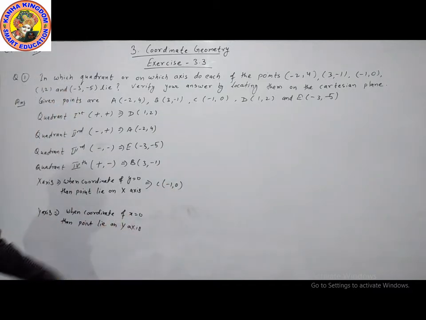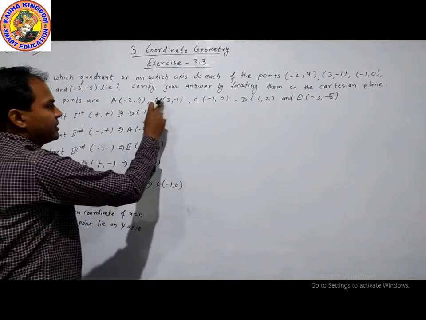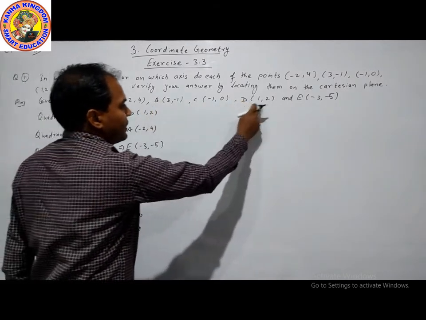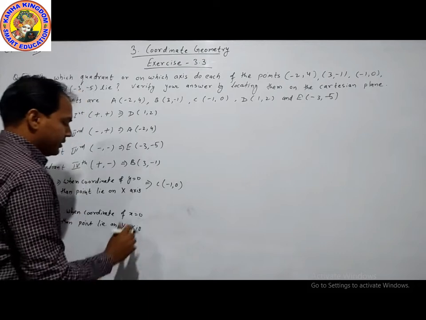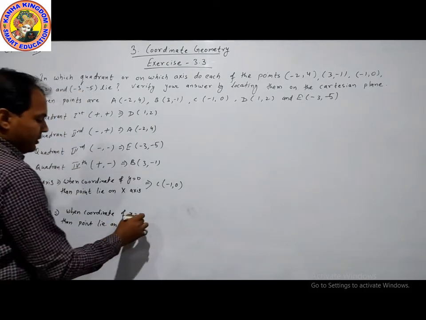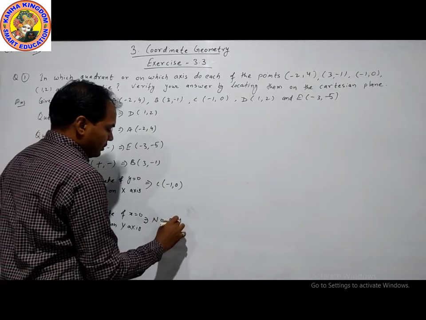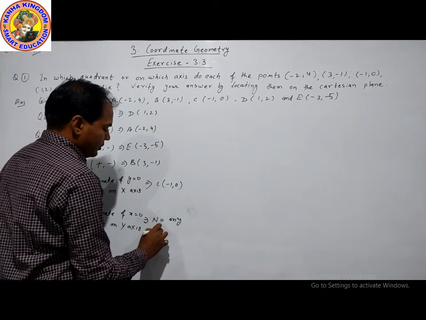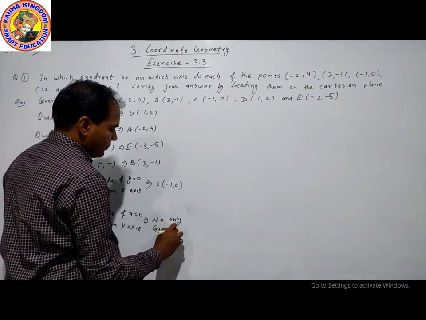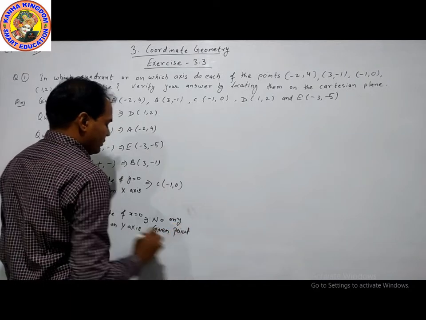For the y-axis, when x is equal to 0: x is -2, 3, -1, 1, -3, no point, not any given point.